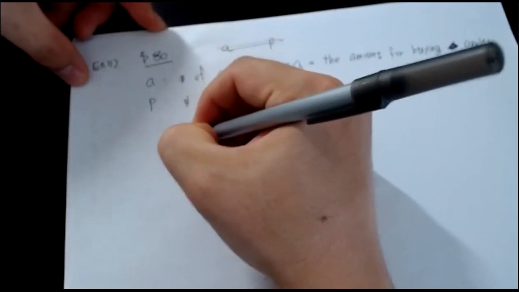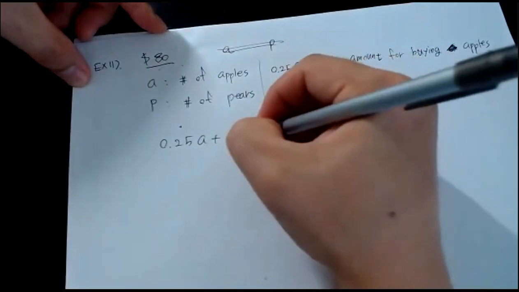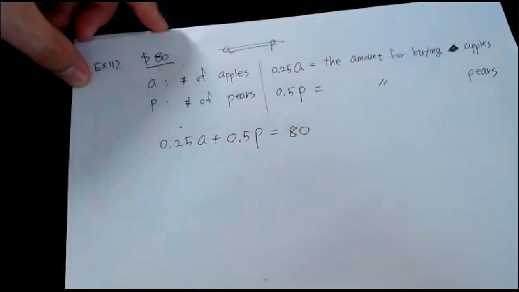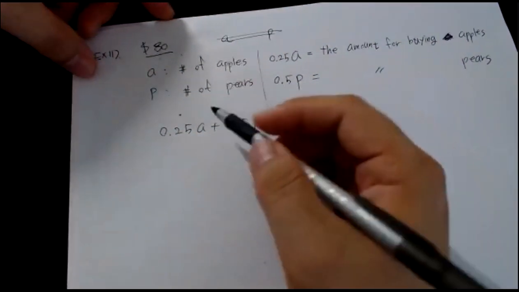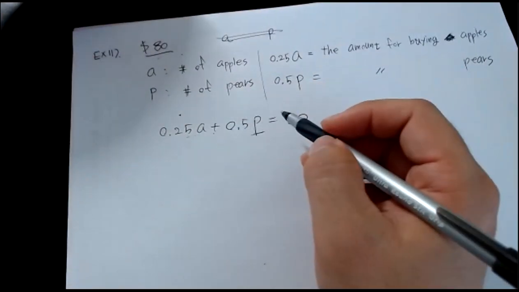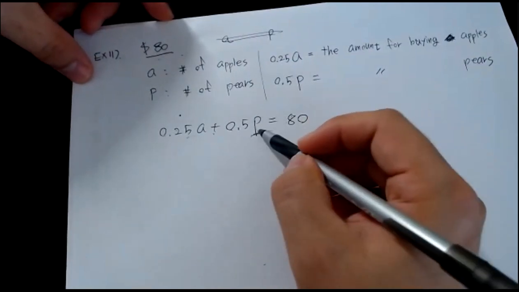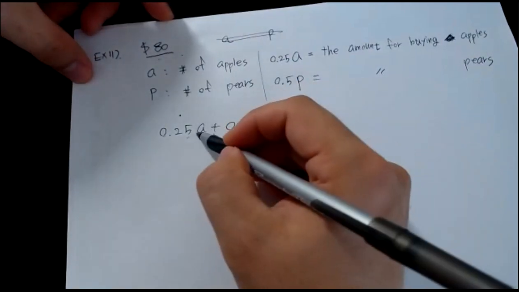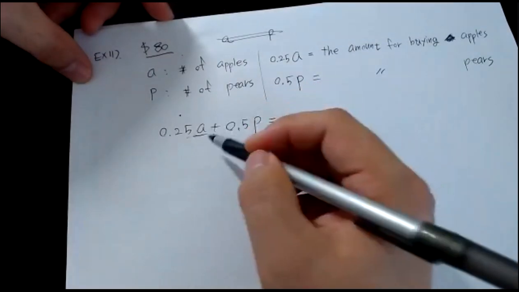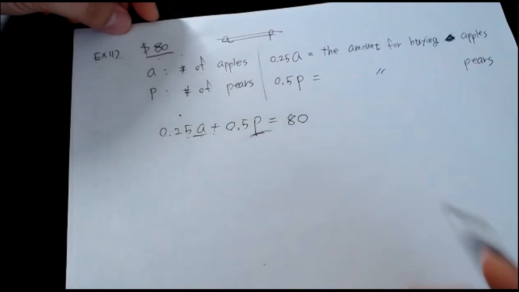So 0.25A plus 0.5P must be equal to 80. It means that if he buys too much apple, he can buy just a few pears. If he buys too many pears, he has to buy just a few apples.